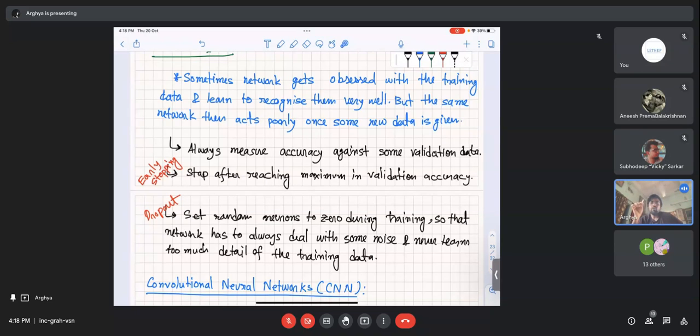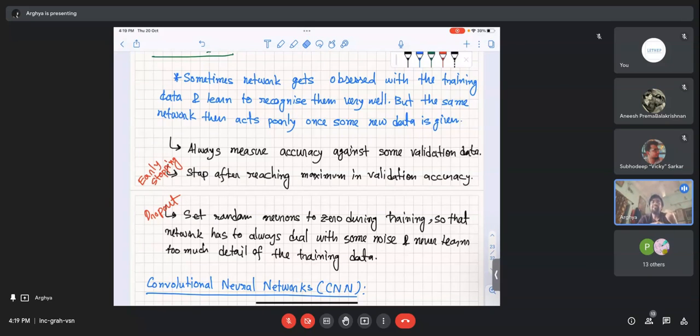And one more thing is dropout, which Anish was also asking about. We have seen somewhere that even changing a pixel changes the output. So here, what you can do is dropout, in the sense that you randomly set some neurons to zero. What that does is it does not let the network learn all the features of the training set.